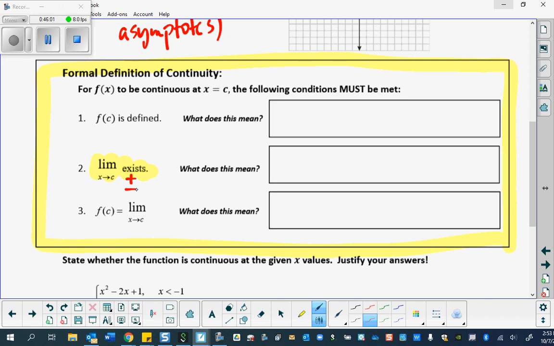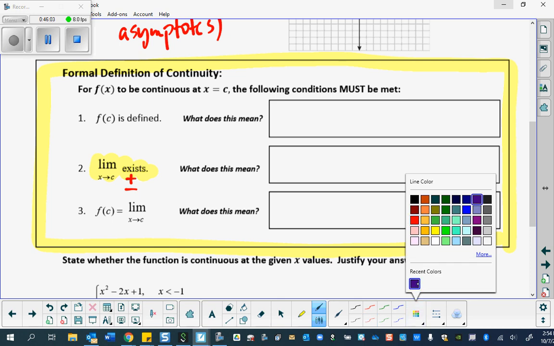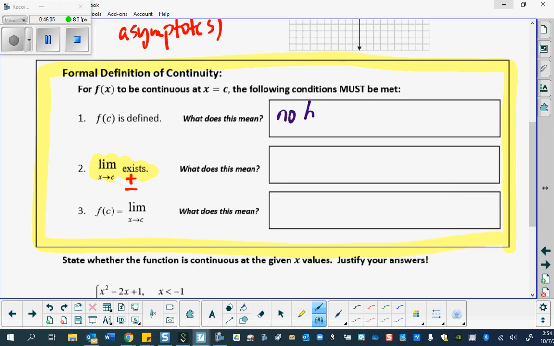So let me get this real quick. Are you ready? F of c is defined. That means that there's no holes. There's an output for the input. The limit exists. So the limit from negative and positive match.